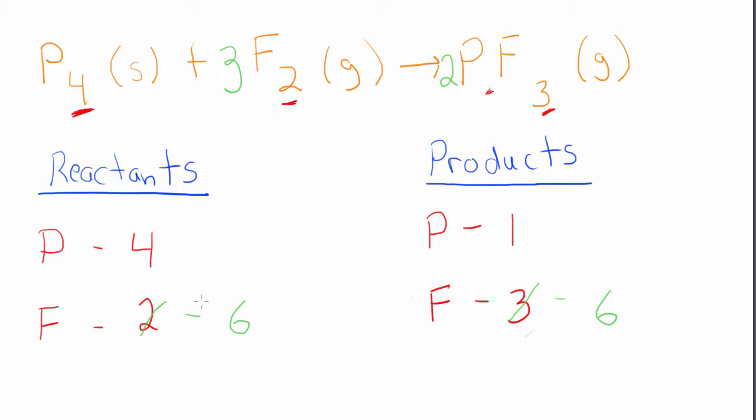So my fluorines match now. What about my P's? So let's see here. I've got 2 phosphorus now, and in my reactants I've got 4. So what we've done here doesn't work.